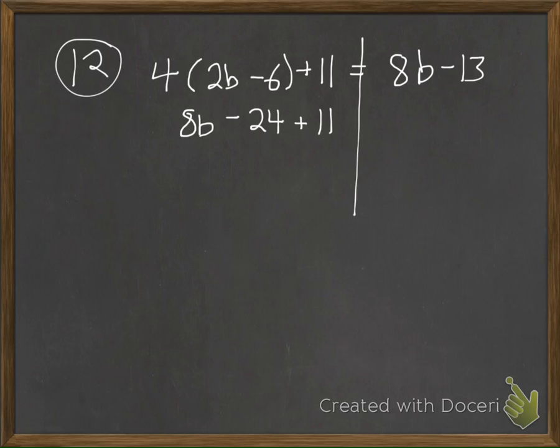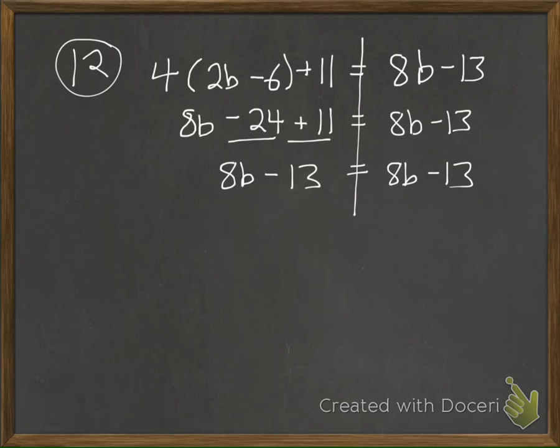Now, is the left-hand side simplified? No, I still have like terms. So negative 24 and positive 11 makes negative 13. So I have 8b minus 13. And on the other side, I have, okay, at this point, even if you didn't solve any further, if you just look at this, 8 times some number minus 13 equals 8 times some number minus 13.